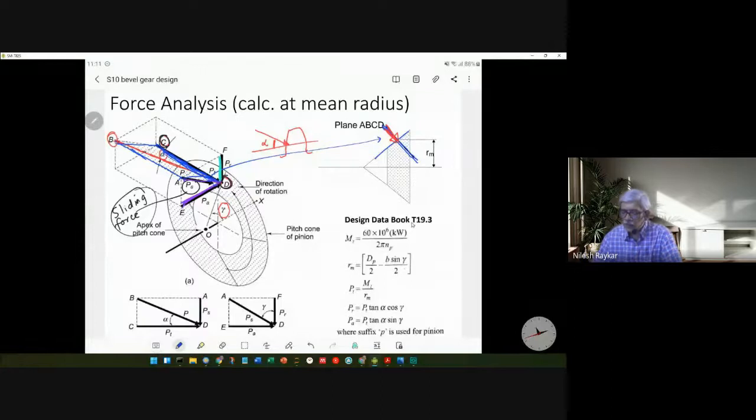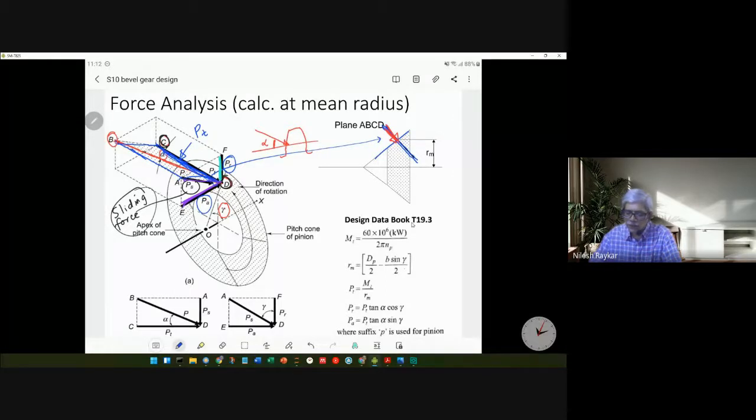These are the three force components we need to find a relationship between. As we have done in the previous gears, we will consider the tangential force as the base and express the radial force and axial force in terms of the tangential force. That's what we are doing.